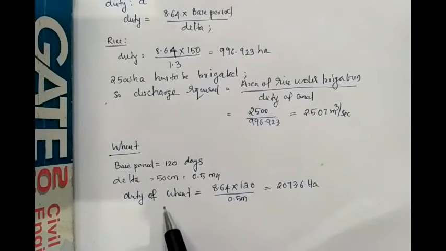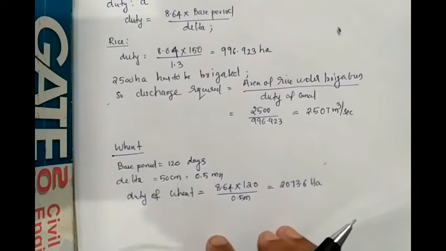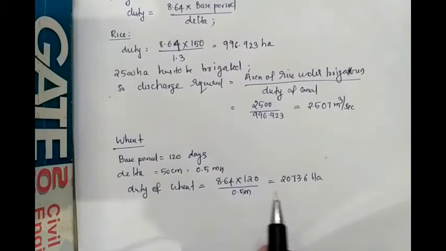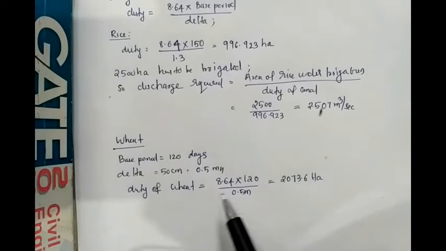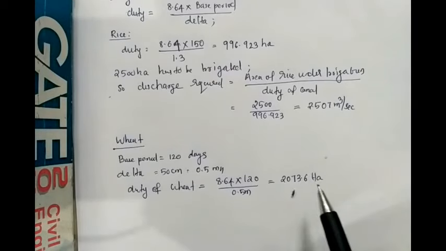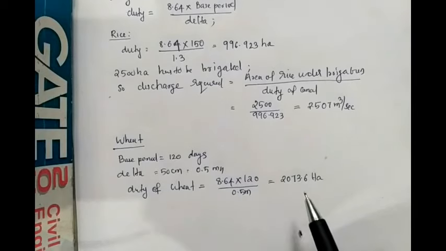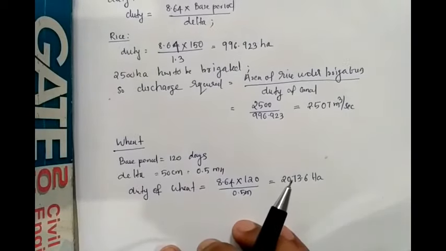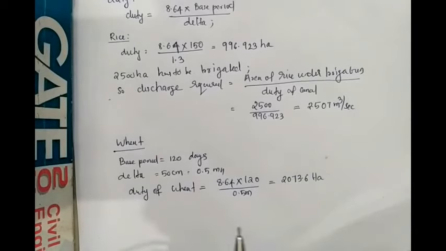If you run 1 meter cube per second of water, you will get 2073.6 hectares of wheat irrigated. But it is given that the design discharge is based on the rice requirement.